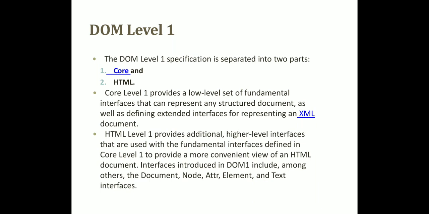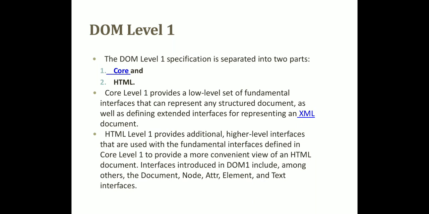The objects are organized in a hierarchy, and this hierarchical structure applies to the organization of objects in a web document. According to that, the DOM levels are created. So this DOM level 1 is separated into two parts, that is core and HTML.